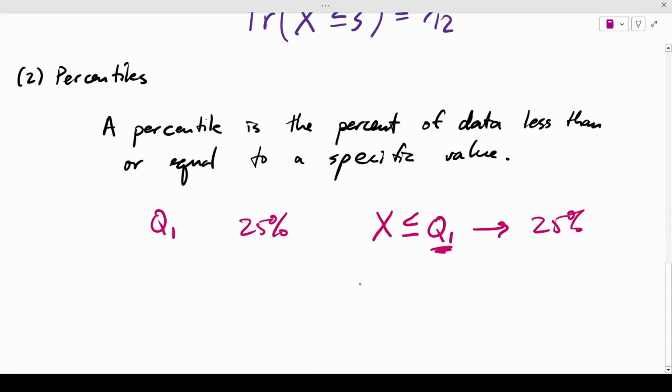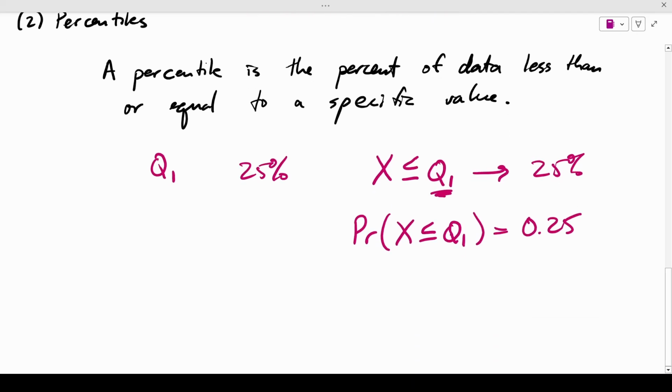Or in a slightly more formal way, the probability that any given data point is less than or equal to Q1 is 25%, or 0.25. The median is the value at which half the data is below it. So the median is the value, let's call it Q2 for median, where you get half the data below and half above.